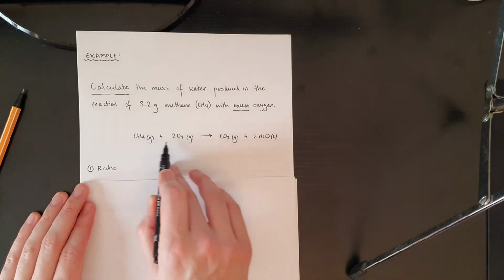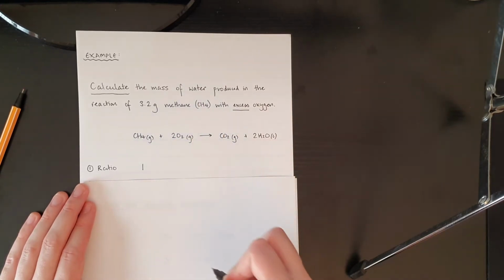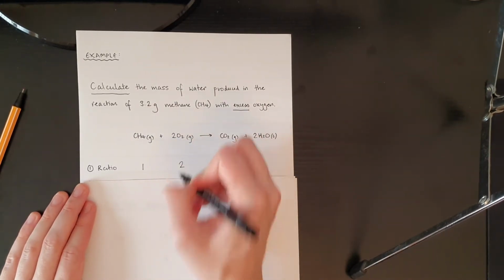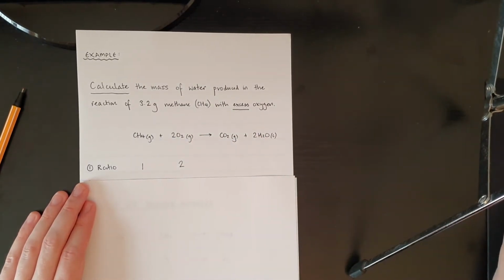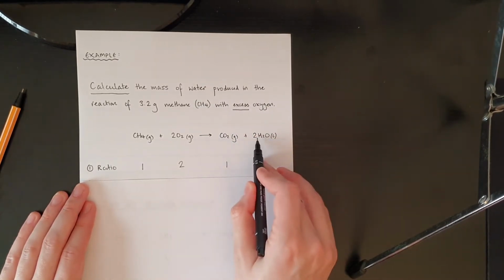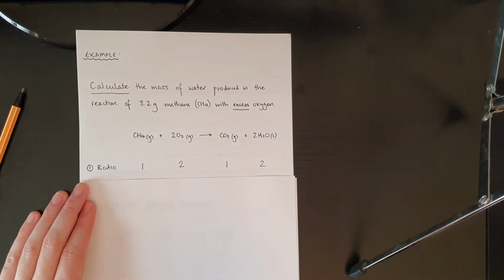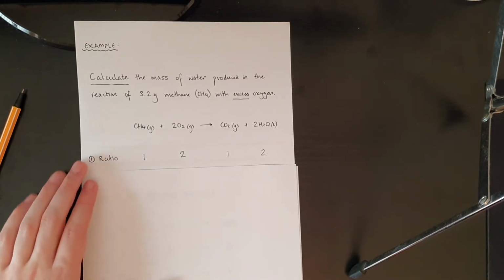So what this balanced equation is actually telling me is that there is 1 mole of methane reacting with 2 moles of oxygen to produce 1 mole of carbon dioxide, because there's no number here, and 2 moles of water. That's what that balanced equation is actually telling me. So that ratio is what is going to be very useful.